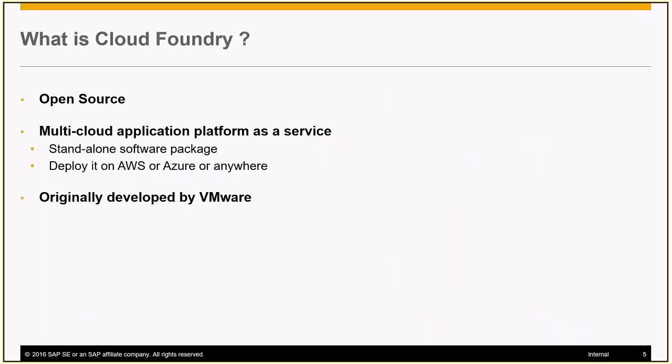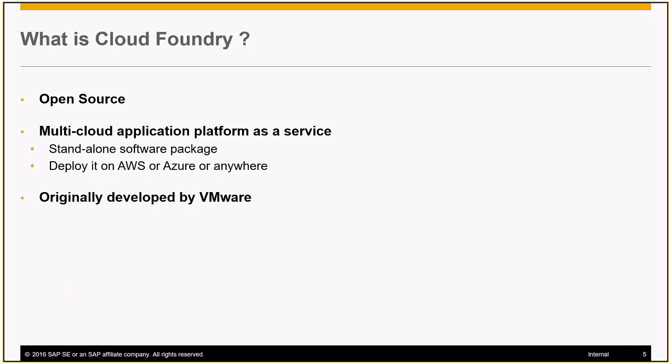So before we start, a quick introduction of Cloud Foundry. Cloud Foundry is open source, like you already know. And the key thing you need to understand about Cloud Foundry is that it is multi-cloud. This Cloud Foundry software can be installed in AWS, it can be installed in Azure, it can be installed in your own rack, or it can be installed in your company's stack.